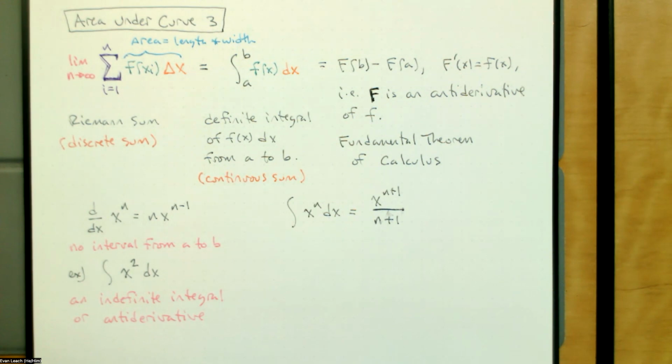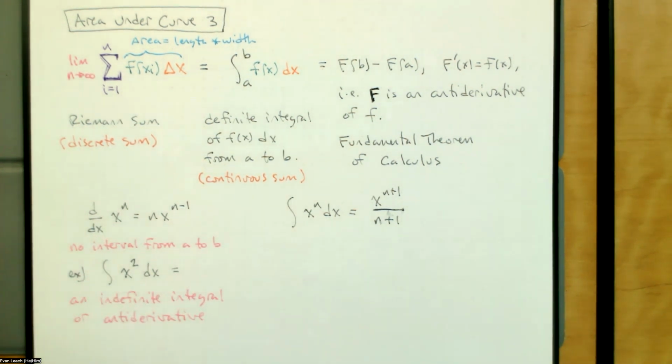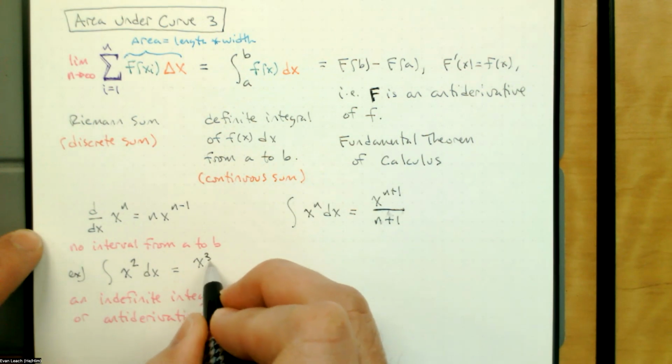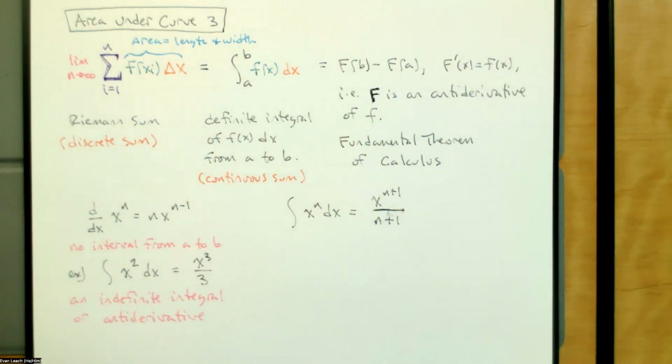This is one way I could ask that. So to find the antiderivative, we add 1 to the exponent and divide by the new exponent. There is an antiderivative.